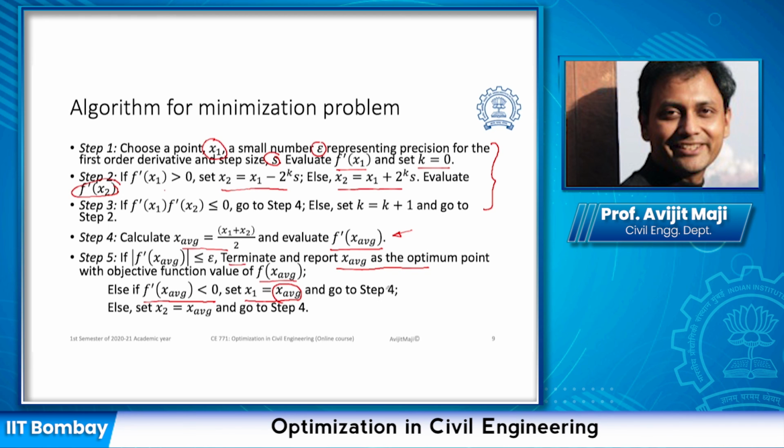In the other way, if we find that the slope at the new point is positive, then the boundary on the higher side is moved to this new point, and we go to step 4 to continue.